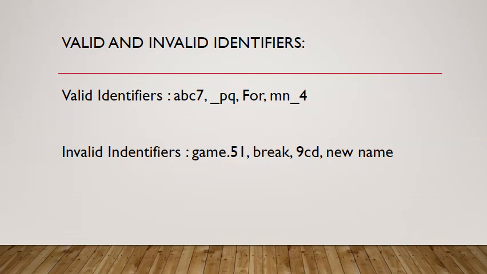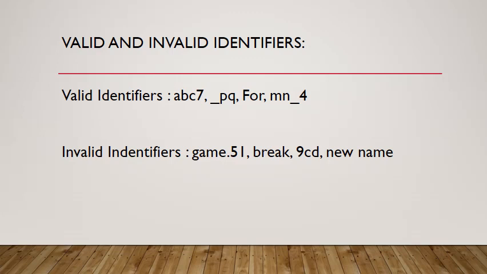Well, now let us see the valid and invalid identifiers. The valid identifiers are ABC7, underscore PQ, For written in proper case, MN underscore 4.